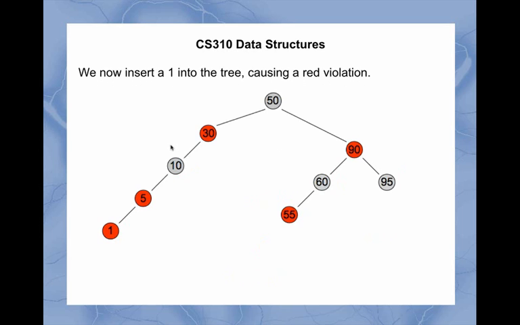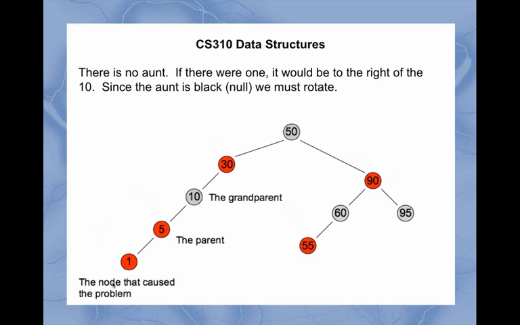So I want to try and demonstrate the rotation situation. Now we're working on the other side of the tree, and we insert a 1 and we have a red violation. We have 2 reds in a row. So we have the child, the parent, the grandparent. The node that caused the problem, the 1, the parent, the 5, and the 10, the grandparent.